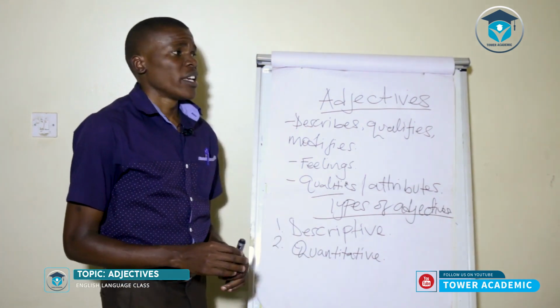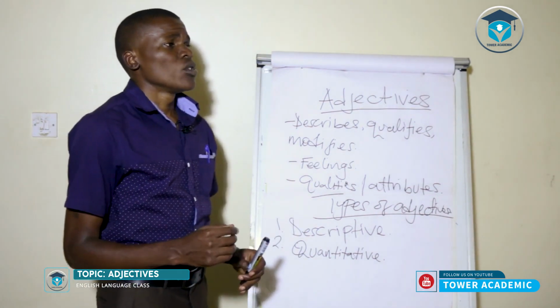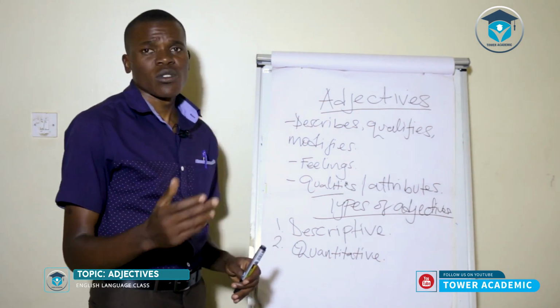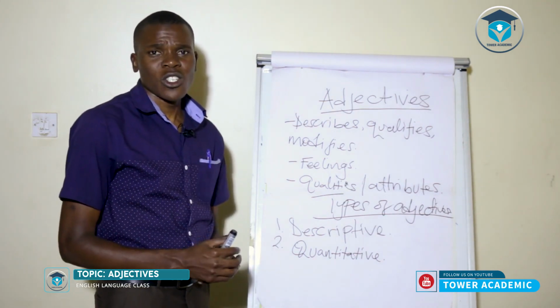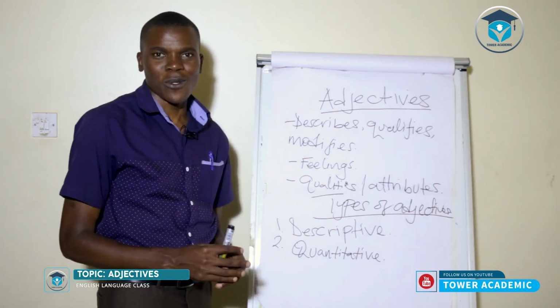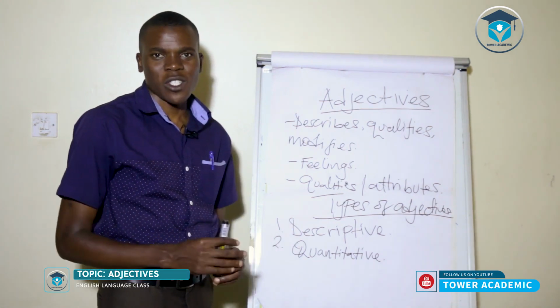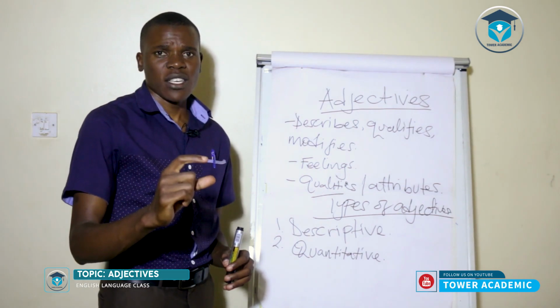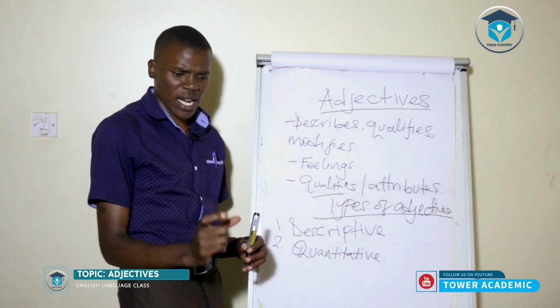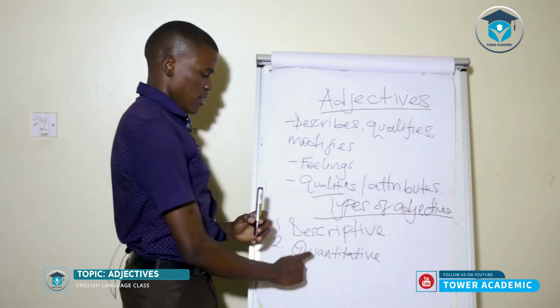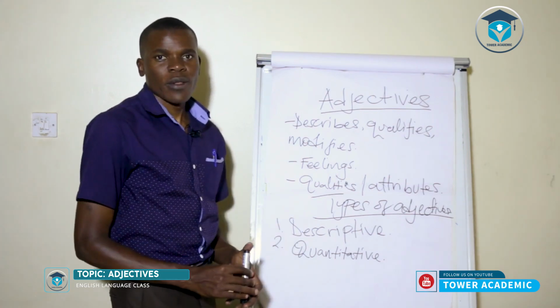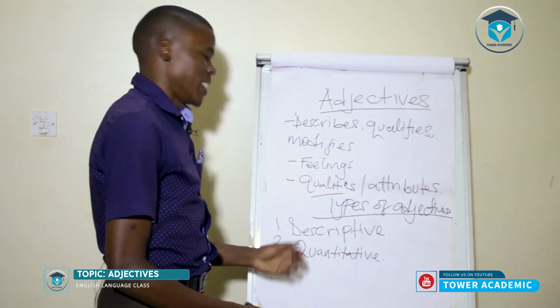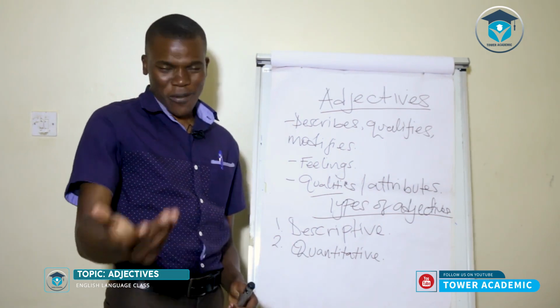So if you say, I have 20 head of cattle on my ranch. I have 20. Because you have expressed the number 20, you are looking at that adjective as showing us the quantity. Quantitative. Yes, quantitative adjective. So that's one of the other types.